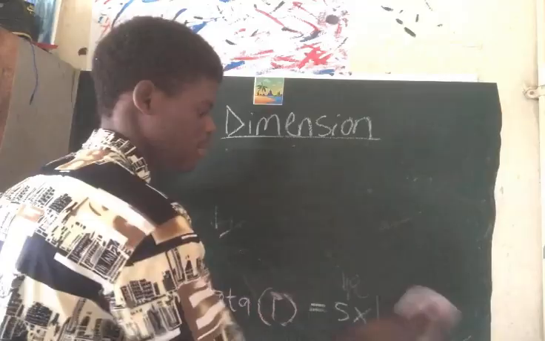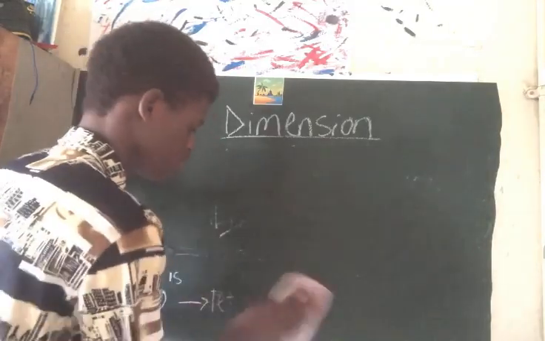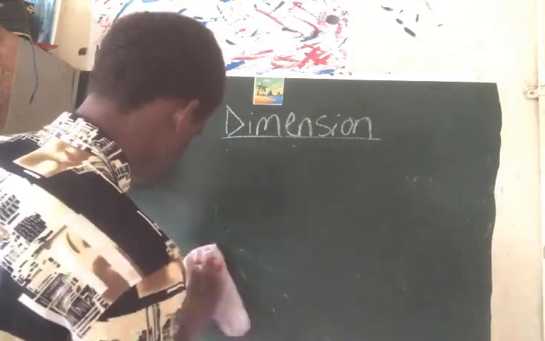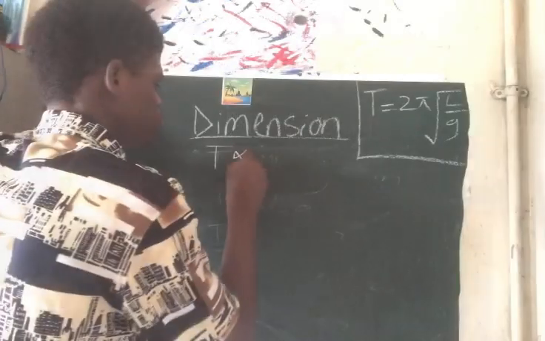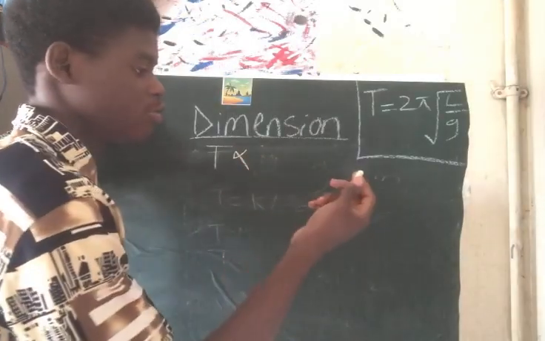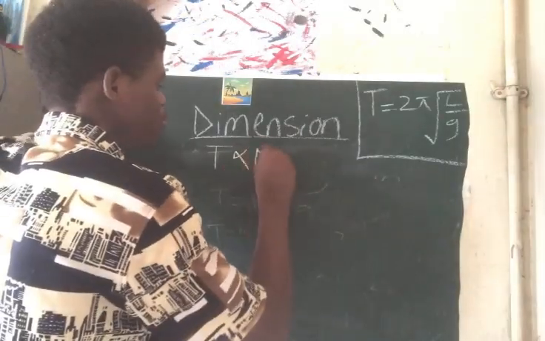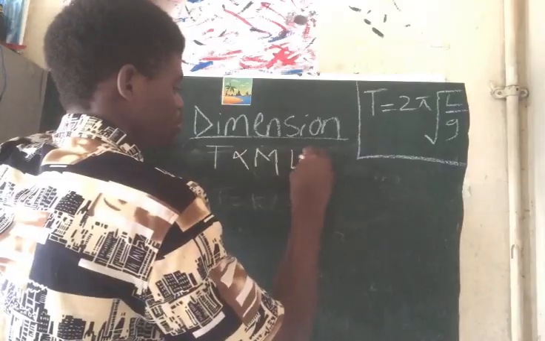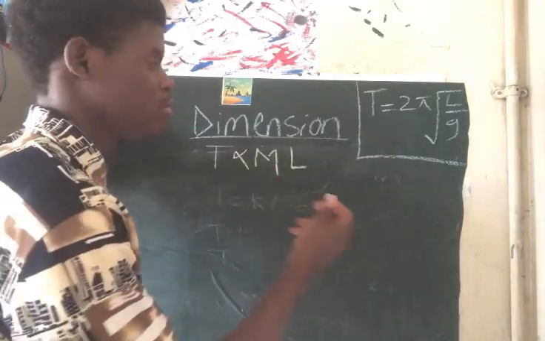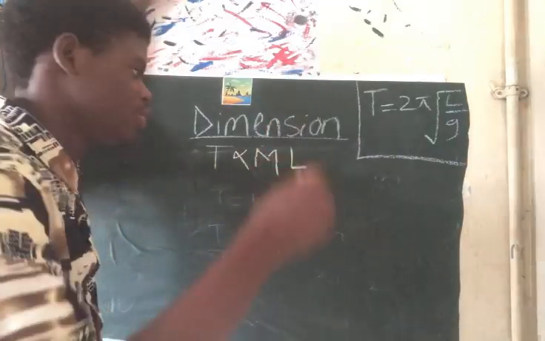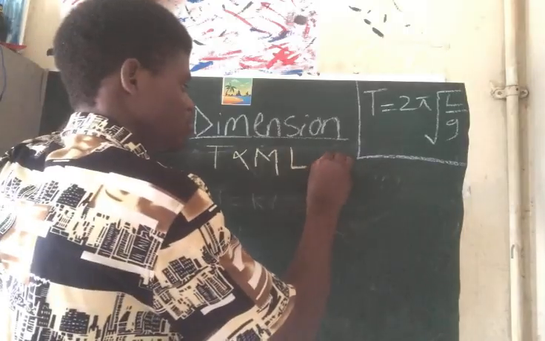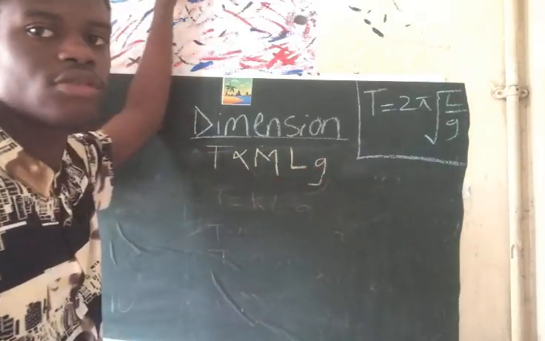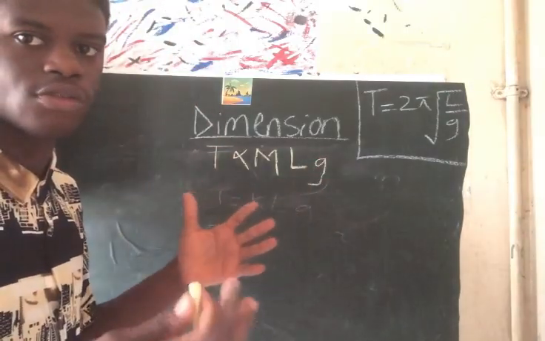So I think that's all on dimension. Okay, now the period of a pendulum. When they did the experiments, they noticed that the period depends on the mass of the ball, the length of the string, and the acceleration due to gravity. The acceleration due to gravity varies at the pole and the equator.